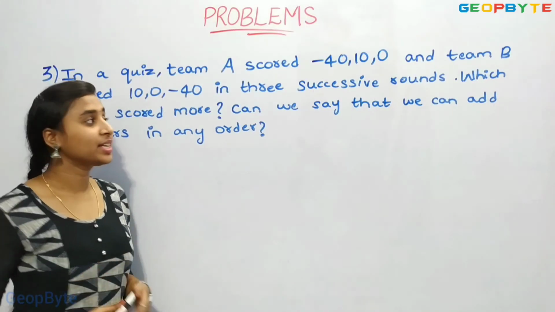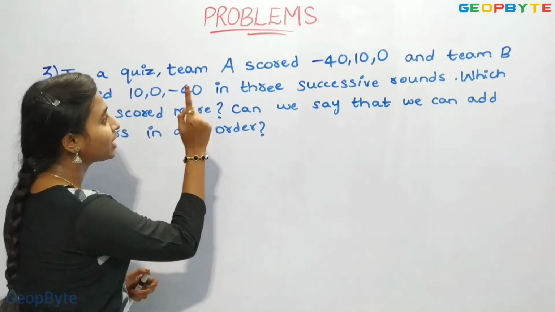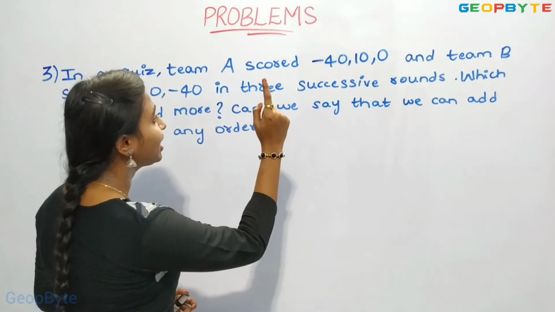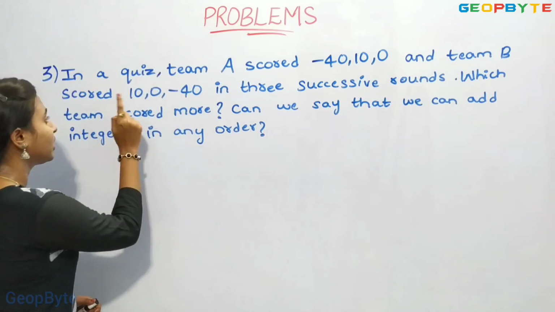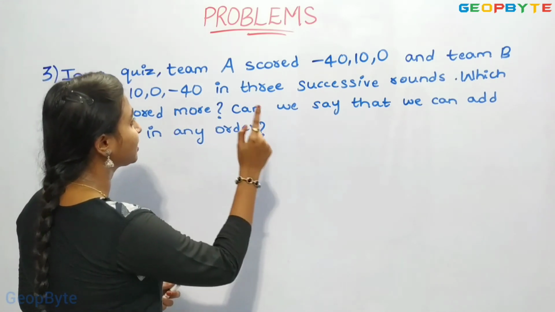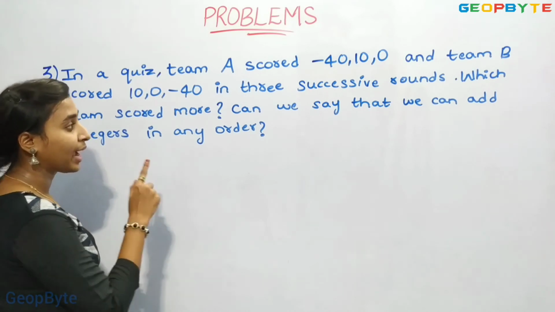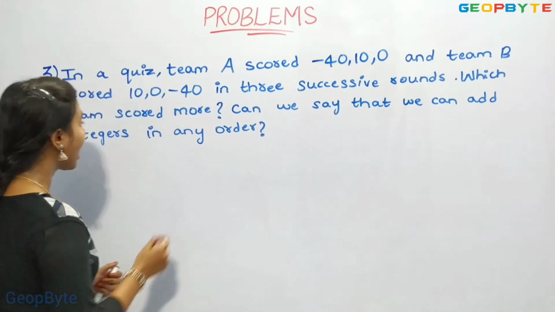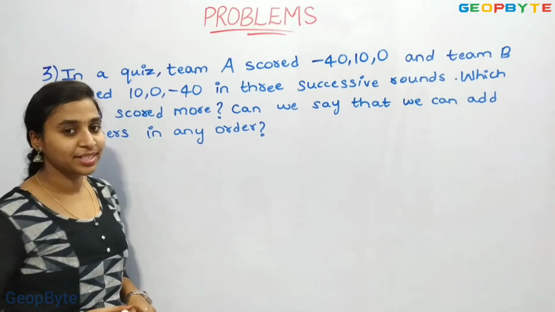Now let us see the third question. In a quiz, Team A scored minus 40, 10, 0 and Team B scored 10, 0, minus 40 in 3 successive rounds. Which team scored more? Can we say that we can add integers in any order? Let us see.